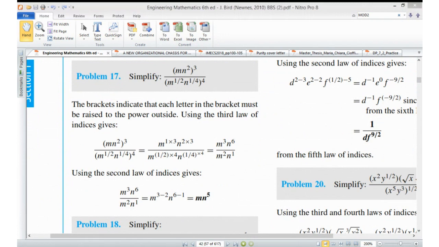That bracket shows that everything within it must face the power outside. So this one means that m can be seen to be raised to power 1 because it's not indicated. That is the default in mathematics.